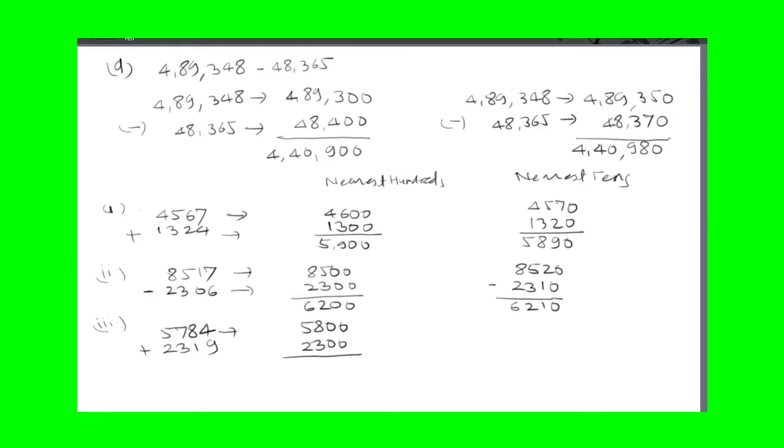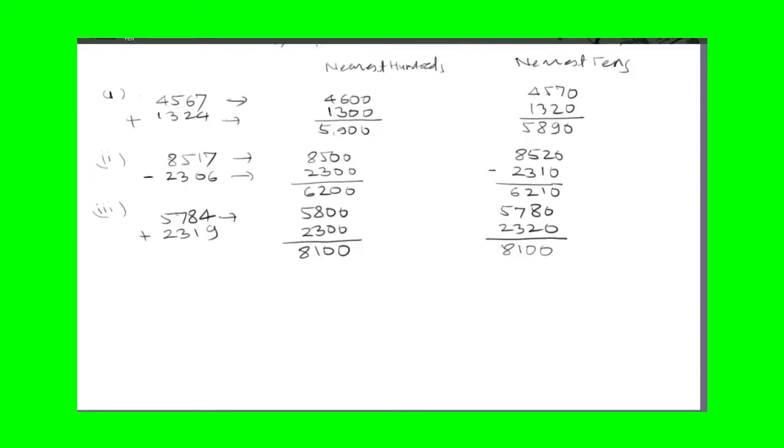So on adding we get 8,100. And rounding to nearest tens, 5,784 becomes 5,780. And 2,319 becomes 2,320. So on adding we get 8,100.